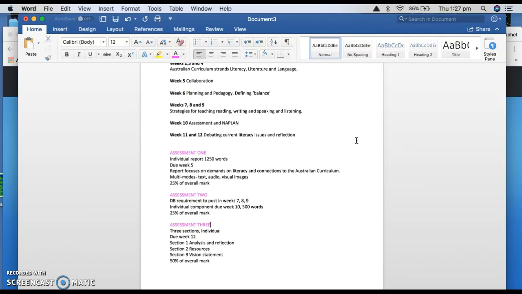So it's got 3 sections. It's individual, and it is due in week 12. As I said before, I can't go into too much detail, but basically what you've got is 3 sections. The first one is an analysis and a reflection on your A2. So you will look back at your A2 and you'll say to yourself, wow, there were some really interesting points that came out about reading, and I'm going to investigate one of them.